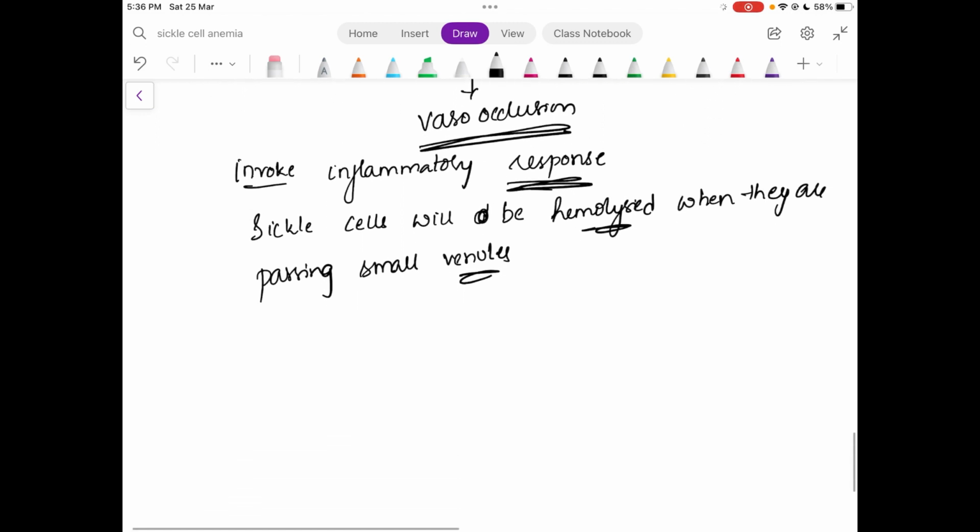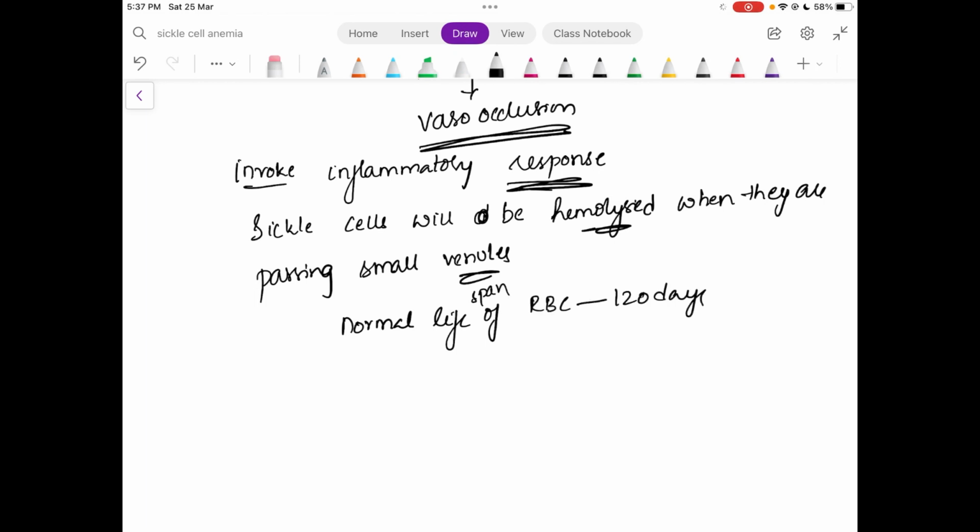Hemolysis will occur in sickle cell anemia. Normal RBC lifespan is 120 days, but sickle cell will have less than 20 days of lifespan.